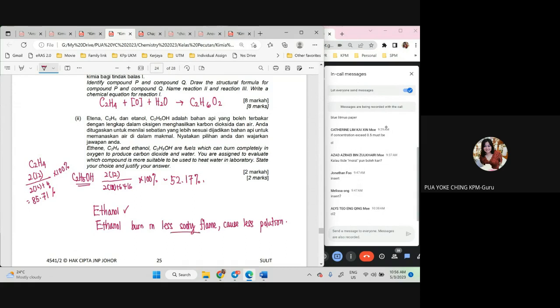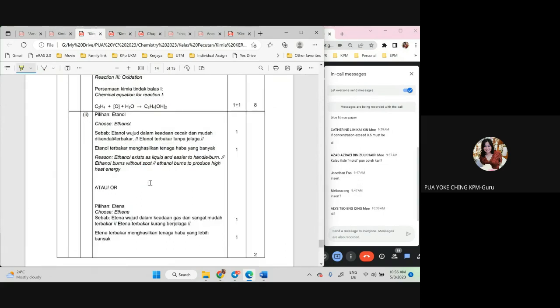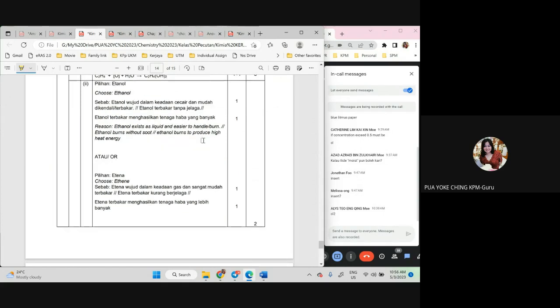Actually sampai sooty flame pun dah dapat markah. Kalau you tengok sebab dia hanya nak 2 marks. Ethanol wujud dalam keadaan mudah dikendali, terbakar tanpa jelaga. Okay. Ataupun you write burns to release more heat sebab alkohol akan lebih tinggi fuel value.